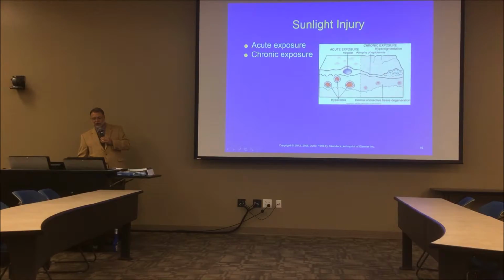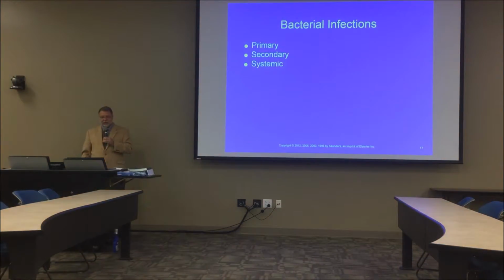When it's chronic exposure, and this is something with the tanning type of process that a lot of people go to those salons to get, the dermal tissue gets some sort of degeneration, and this is something chronic, that the atrophy of the epidermis is going to follow, and hyperpigmentation is going to be present. Chances for tumor formation because of activity is going to be increased.